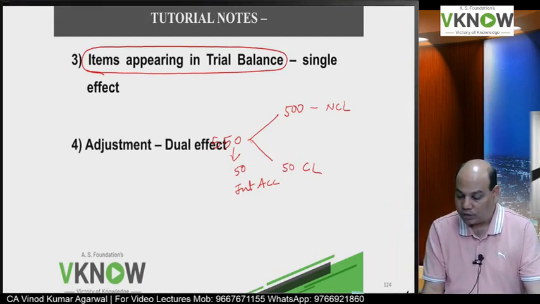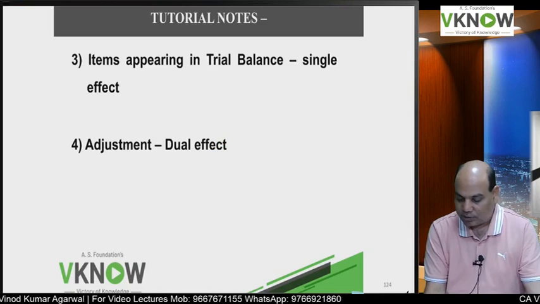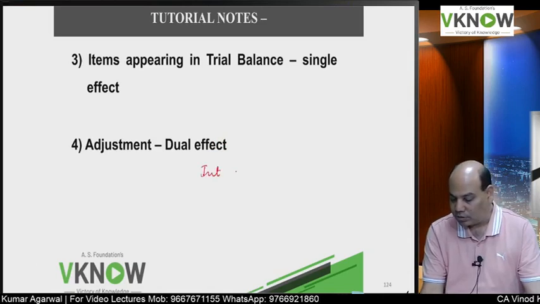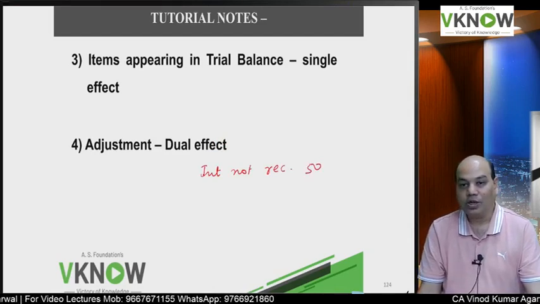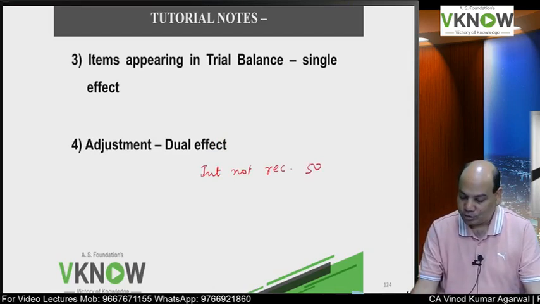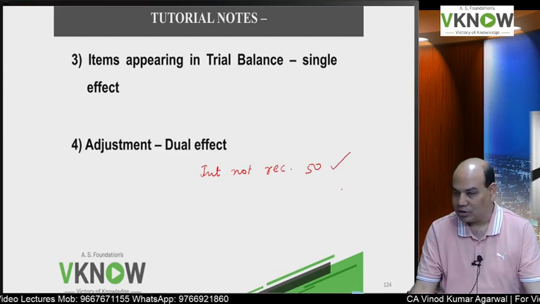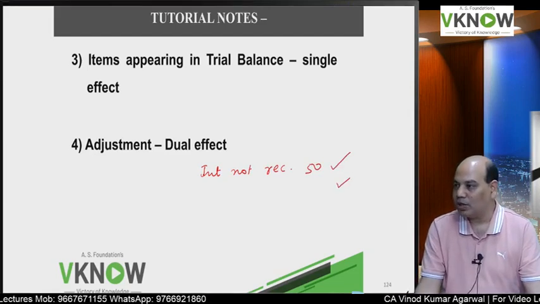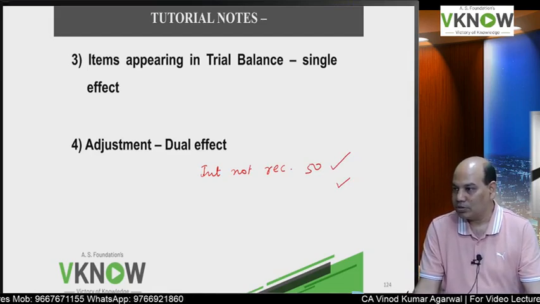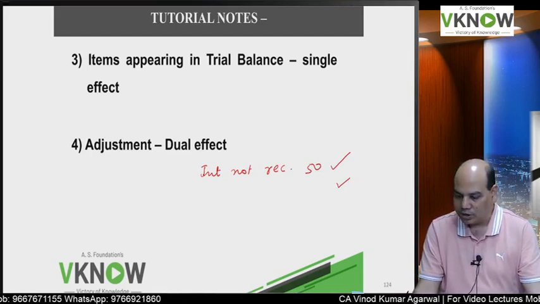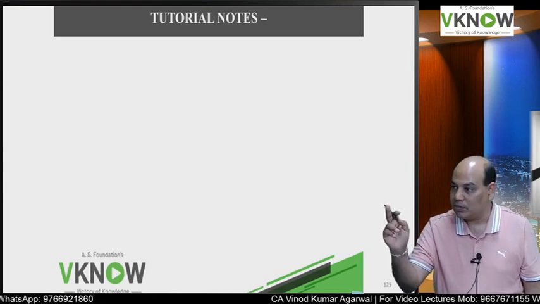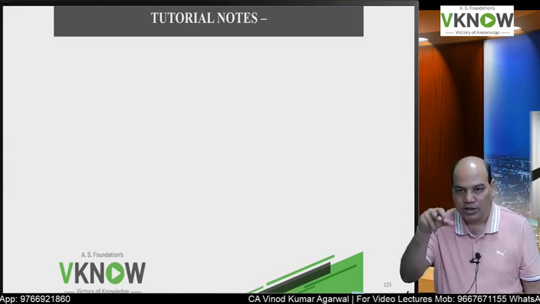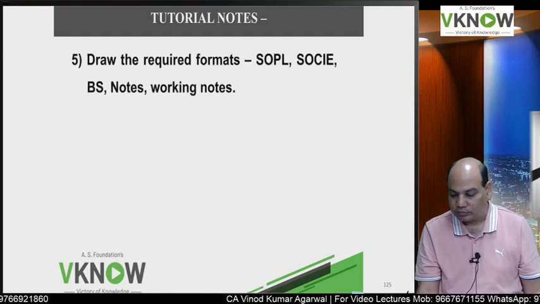But if you are given an adjustment, like same adjustment, interest not recorded 50, then it will have double effect. One will go to P&L account, financial expense, and one will go to balance sheet, current liability, other financial liability. So adjustments will have double effect. If entry has already been passed in the trial balance, remember single effect. Only you have to adjust the numbers at two places.